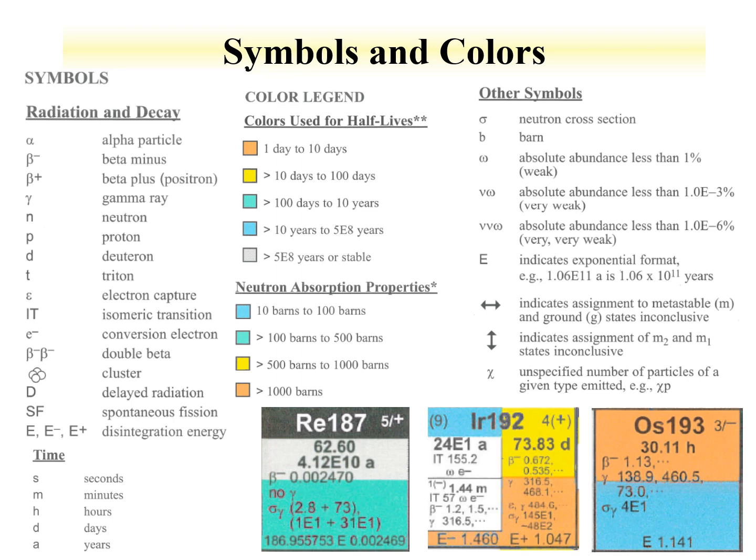The chart of the nuclides also utilizes symbols and colors to convey information. Radiation and decay symbols are shown here. The common ones we'll discuss in the course include alpha decay, beta minus, beta plus, gamma decay, and electron capture. Other decay routes also occur.